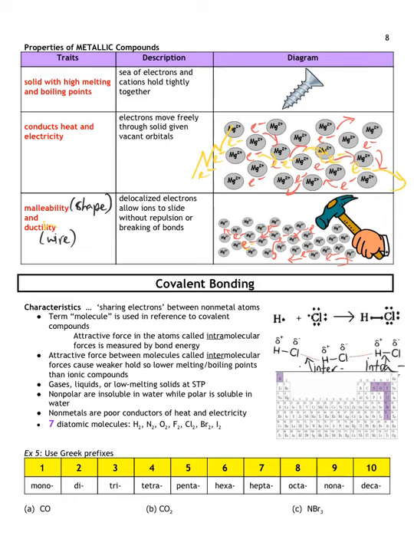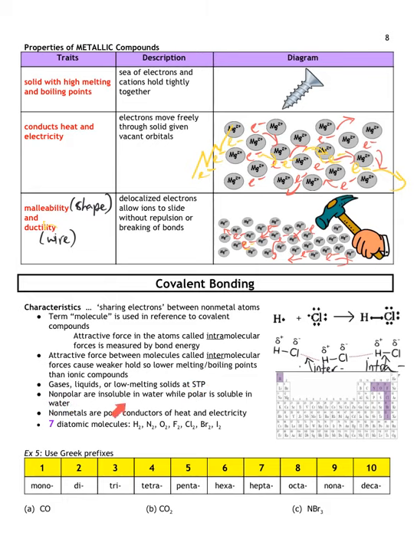Covalent compounds have intermolecular forces, and that guides all the properties like boiling point, melting point, vapor pressure, viscosity. All these characteristics are guided by these intermolecular forces. That's why they tend to be gases, liquids, or low melting solids at room temperature or at STP.